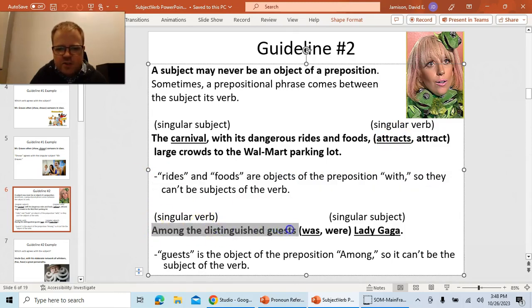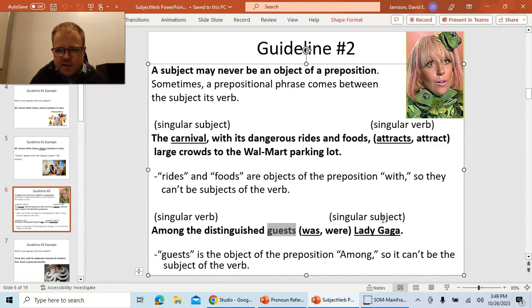Among the distinguished guests was or were Lady Gaga. So there are many different guests, and you might think that it was were. If we said the distinguished guests were watching Lady Gaga, then the guests would be the subject of the sentence, and that's a plural noun.